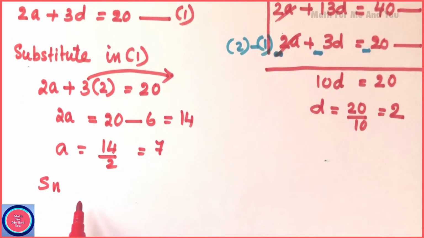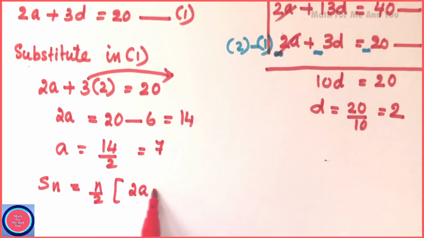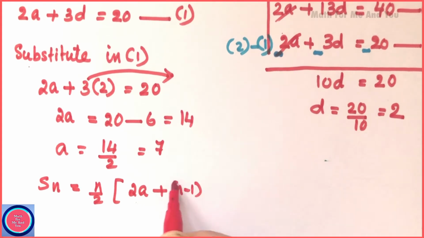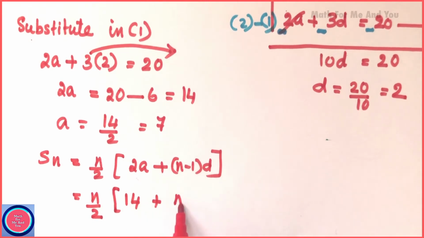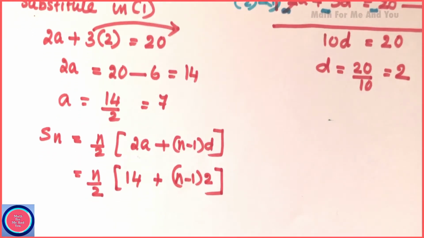What about sum of n terms? We can write the formula n over 2 times 2a plus n minus 1 times d. Substitute the values for a and d. N we write same as it is. Then 2 times a, that is 14, plus n minus 1 times, what is d? 2. We can remove the bracket by multiplying with n over 2. 14n over 2.